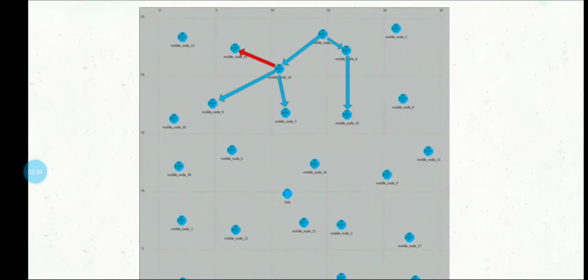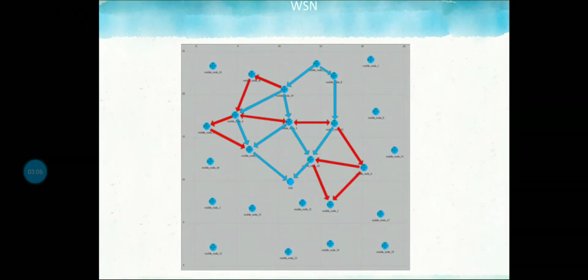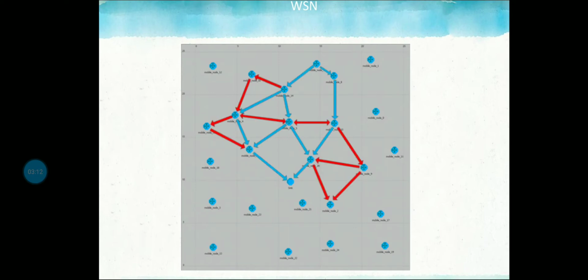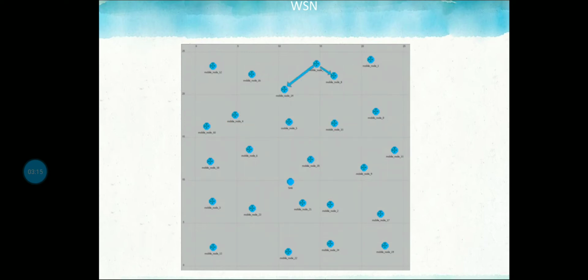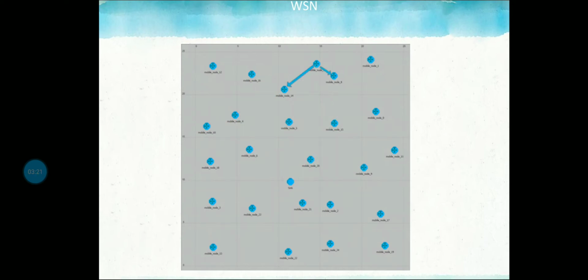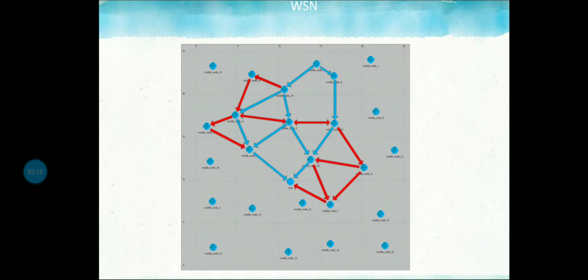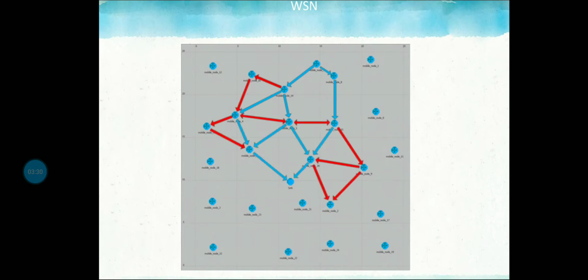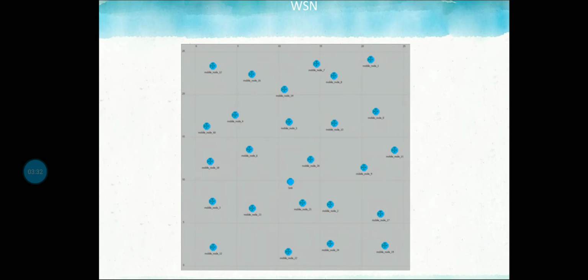Look at the diagram. A wireless sensor network consists of multiple detection stations called sensor nodes, each of which is small, lightweight, and portable. Every sensor node is equipped with a transducer, microcomputer, transceiver, and power source.